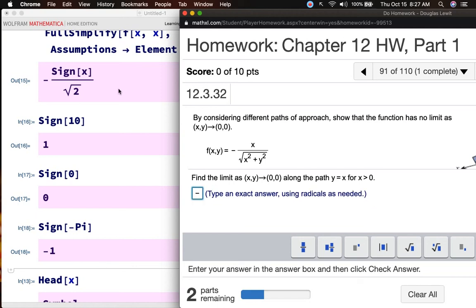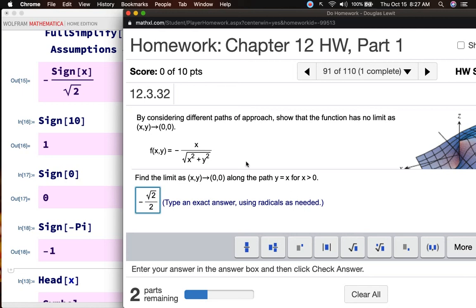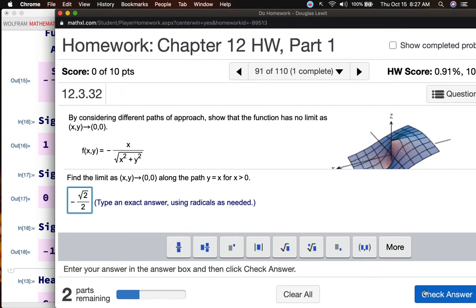I'm going to have to rationalize my fraction because otherwise I don't think Pearson will accept it. So it should be negative square root of 2 divided by 2, which is the same thing as negative 1 divided by the square root of 2. Pearson doesn't like radicals in the denominators of fractions. The people who programmed Mathematica don't care about that, but the people who programmed Pearson do. But I'm pretty sure that's going to be the correct answer.